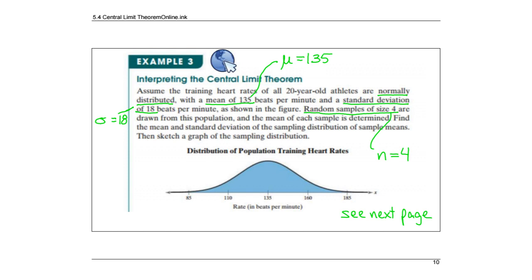Our mean is 135, right smack dab in the middle of our curve, and the standard deviation is 18. They went ahead and drew the graph for me. The work is going to be on the next page, but I need to know the mean, the standard deviation, and the sample size.